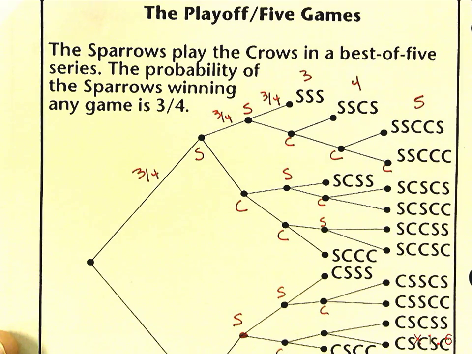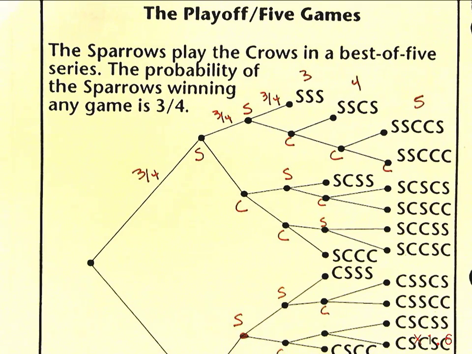So winning in 3 games is set up by 3/4 times 3/4 times 3/4. 3 times 3 is 9 times 3 is 27. 4 times 4 is 16 times 4 is 64. So you have 27/64. How did they come up with that 0.429?